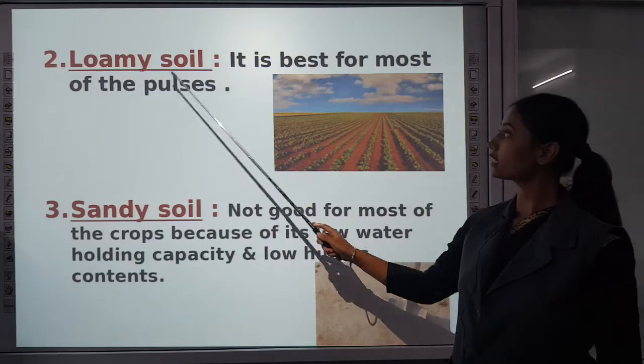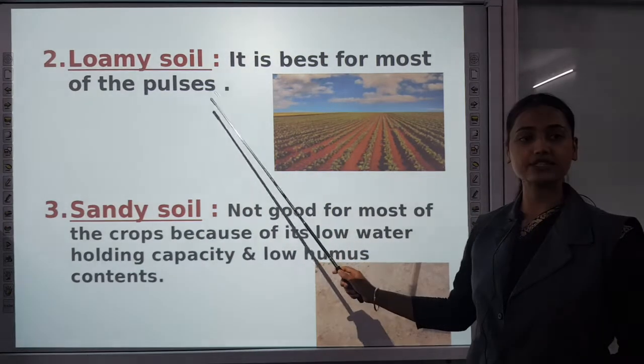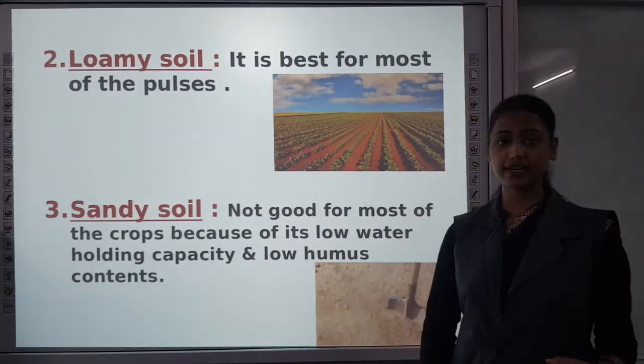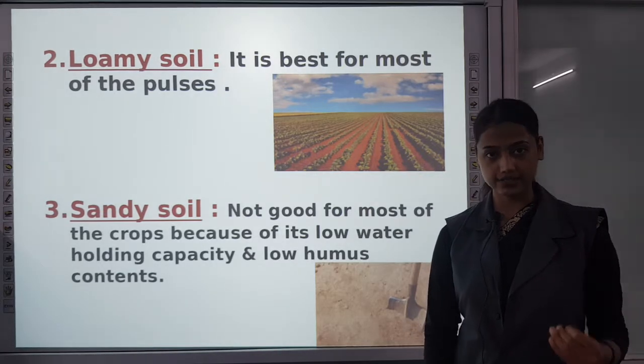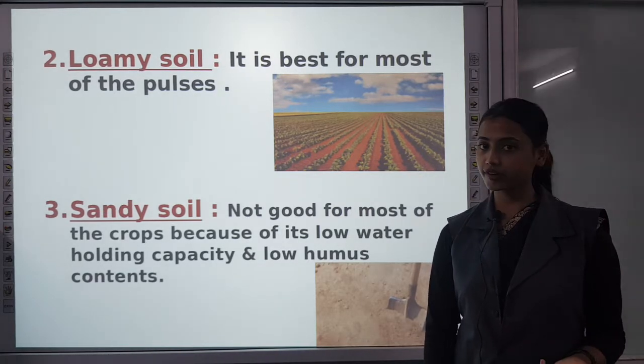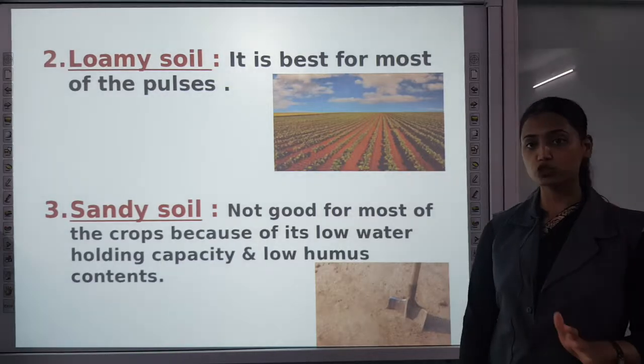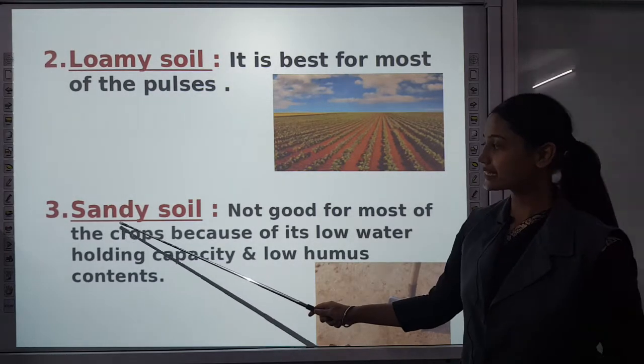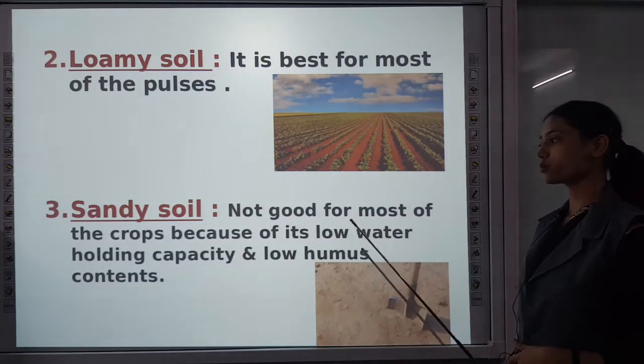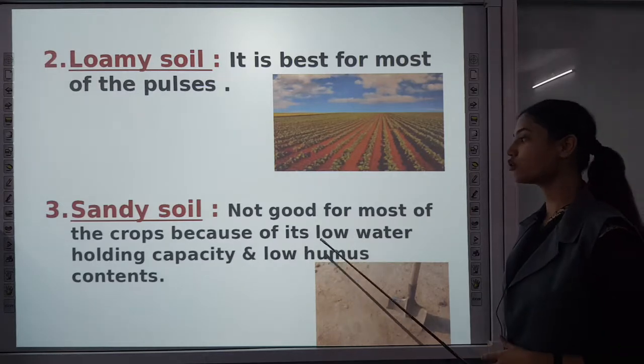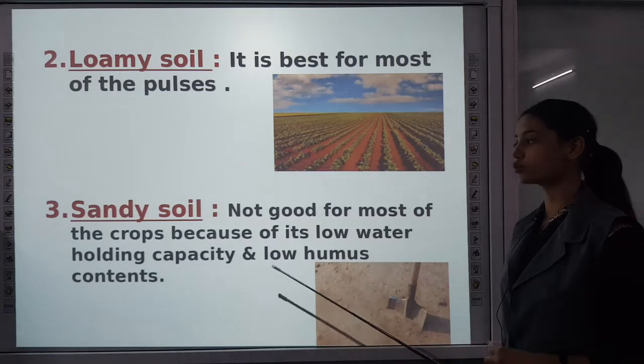Then loamy soil, which is best for most of the pulses. Why? Because it has equal amounts of sand, silt and gravel, so it is best for most of the crops. Then sandy soil. It is not good for most of the crops because of its low water holding capacity and low humus content.